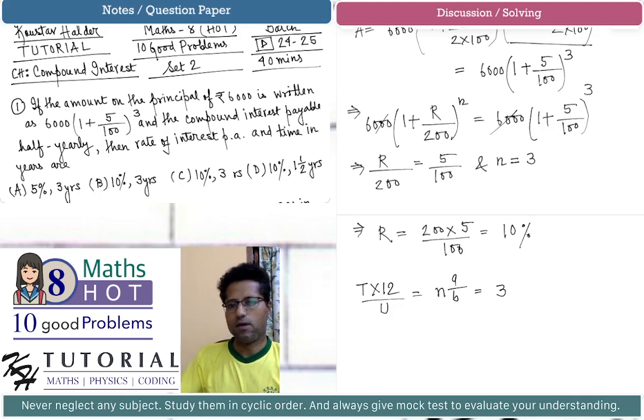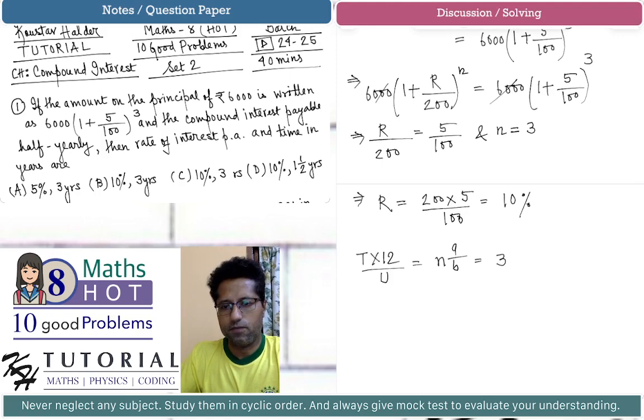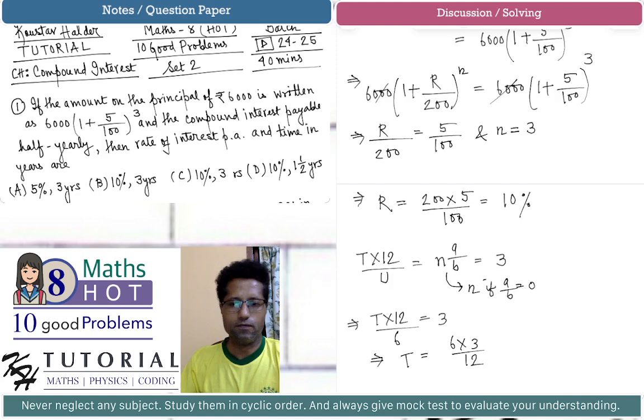If the fractional part a by b is 0, then obviously this will be equal to n. This implies t multiplied by 12 divided by u, which we know is 6, is equal to 3. This implies t is equal to 6 multiplied by 3 divided by 12.